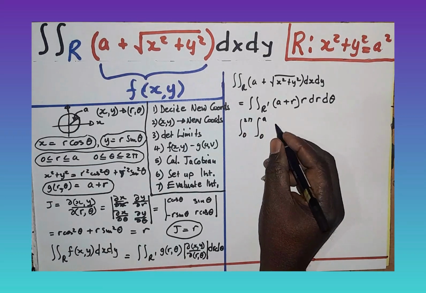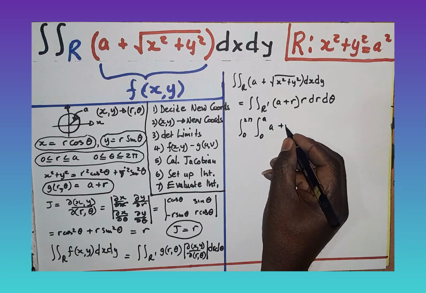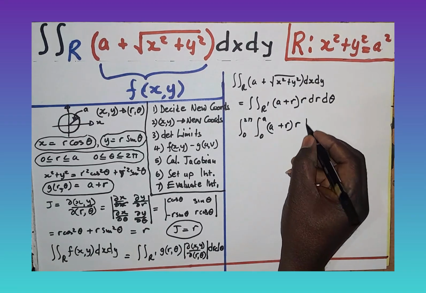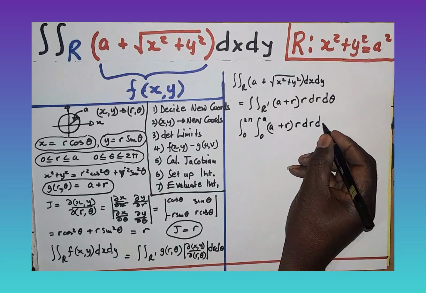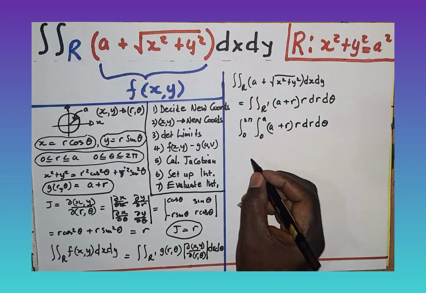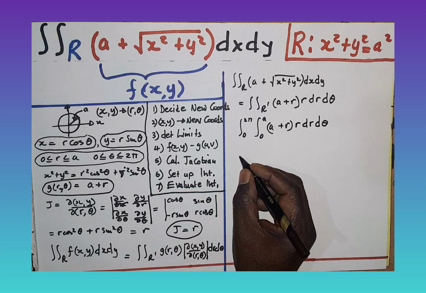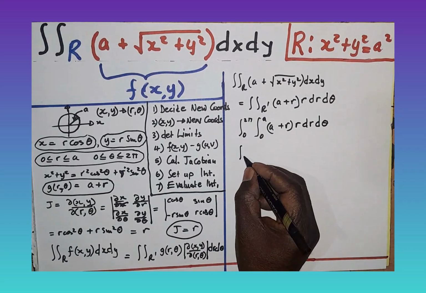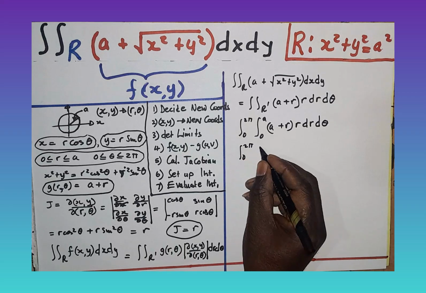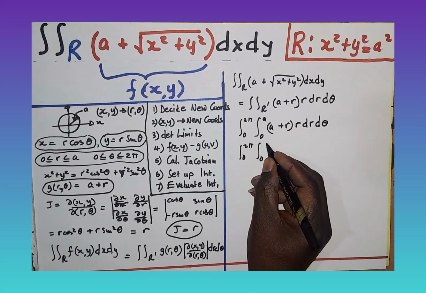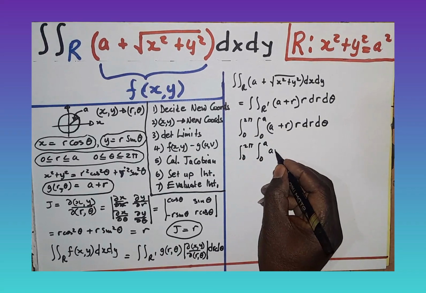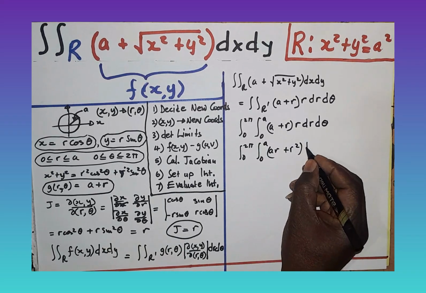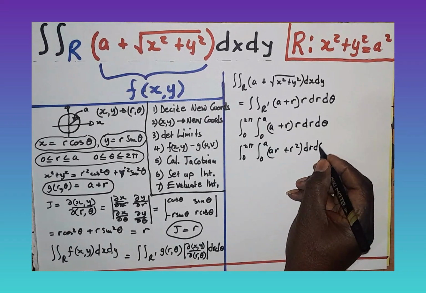And our g of r theta, of course, is a plus r multiplied by our Jacobian r dr d theta. Integrating first, let's simplify this expression. So we have the integral from 0 to 2 pi, from 0 to a of ar plus r squared, with respect to r d theta.